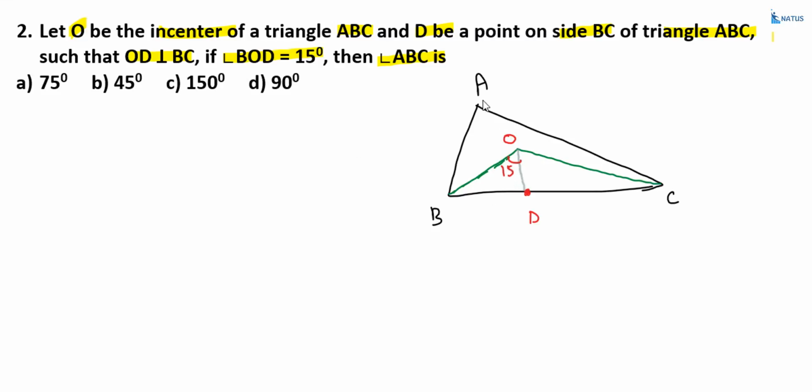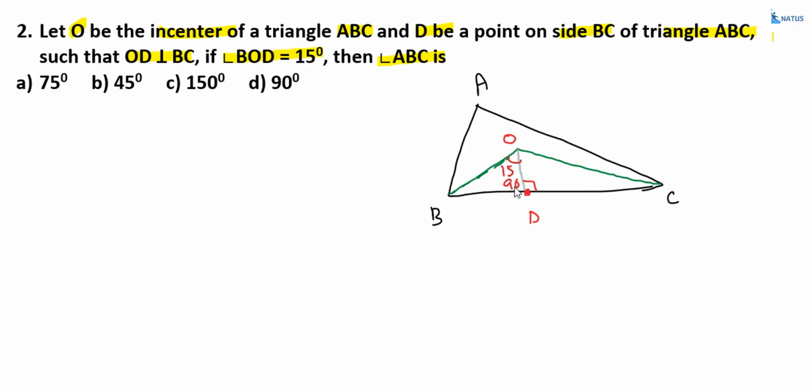Now what we require is angle ABC. OD and BC are at a right angle, so this angle is equal to 90, and this angle is equal to 15.